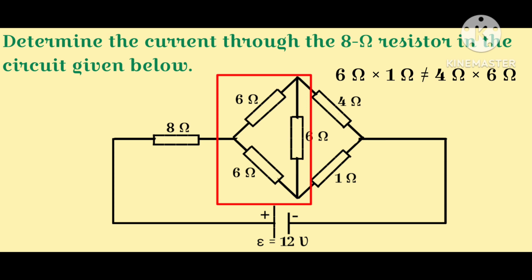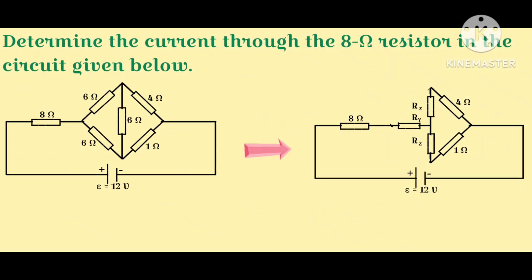Let's now convert this delta connection to the equivalent star connection. The circuit that contains the equivalent star connection or T connection is to the right of the original circuit.